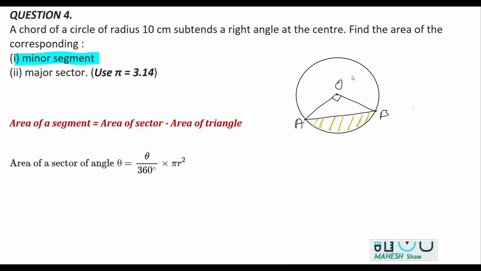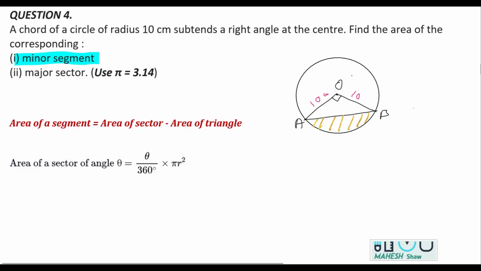Now see what else we know here. We know the radius is given as 10 centimeter. In order to find the area of a segment, it is the area of the sector minus the area of the triangle. So first, to get the area of the sector, the formula is theta over 360 into pi r square, with theta being 90 degree.